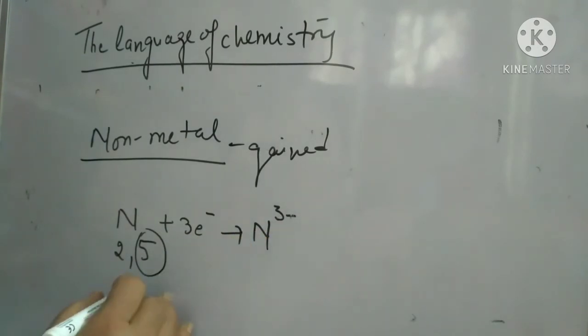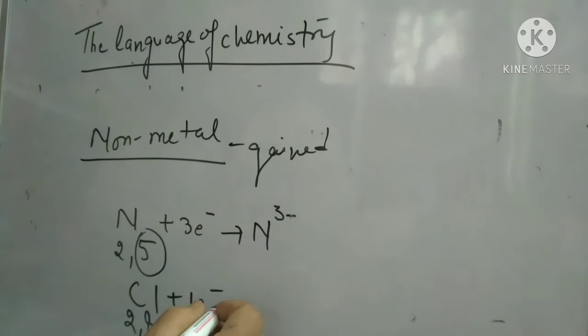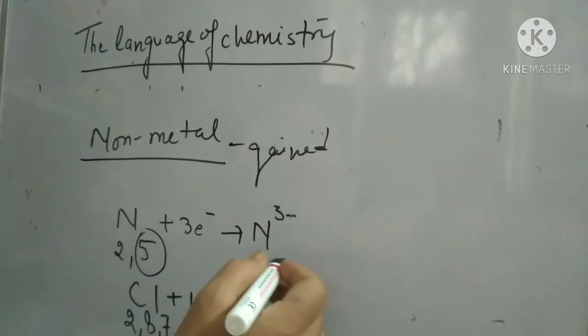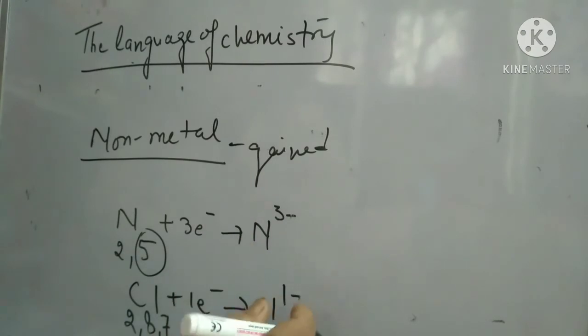If I say about chlorine, its atomic number is 17, so its electronic configuration is 2 8 7. Now it is having 7 electrons in its outermost shell, so it requires one more electron to complete its octet, so it will be gaining one more electron and will become Cl1 minus. So 1 minus is its valency.